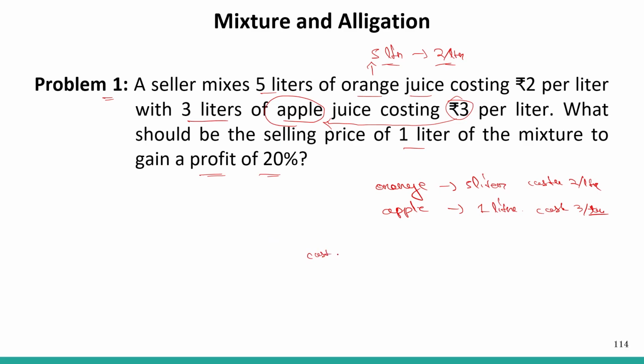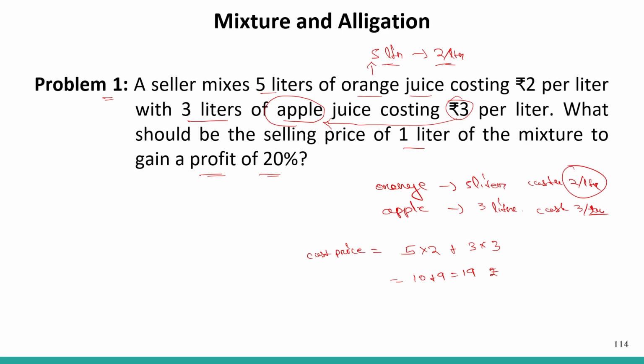The cost price will be equal to the amount for which orange juice was bought: 5 liters of orange juice costing 2 per liter, so 5 into 2. Plus the amount invested in apple juice: it costs 3 per liter and apple is 3 liters, so 3 into 3. So it will be 10 plus 9, that is equal to 19 rupees.